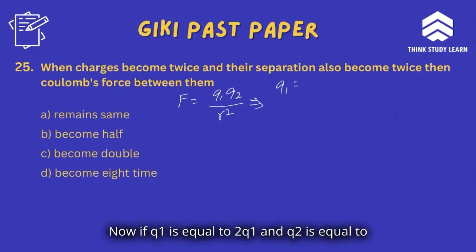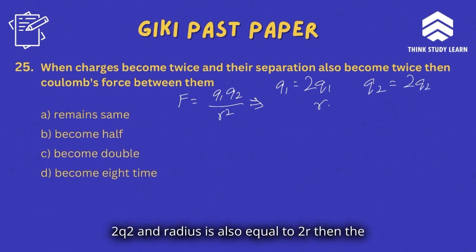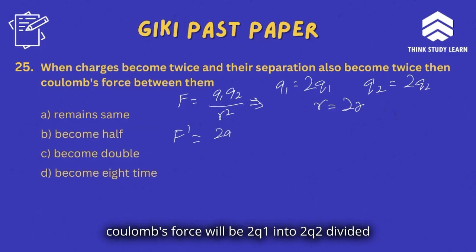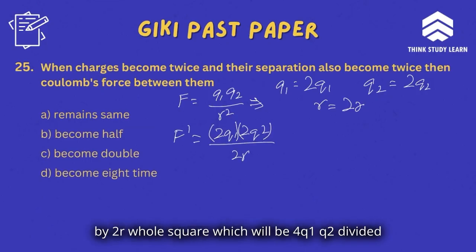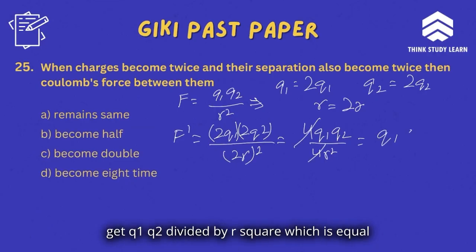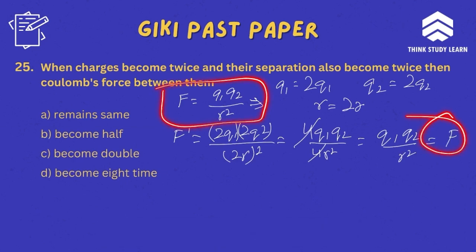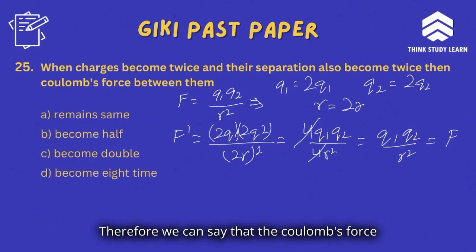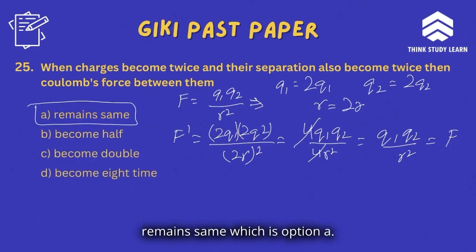Now if Q1 becomes 2Q1, Q2 becomes 2Q2 and the radius becomes 2R, then the Coulomb's force will be 2Q1 into 2Q2 divided by 2R whole square, which will be 4Q1 Q2 divided by 4R square. As this 4 cancels this 4, we will get Q1 Q2 divided by R square, which is equal to the previous force. Therefore, we can say that the Coulomb's force remains same, which is option A.